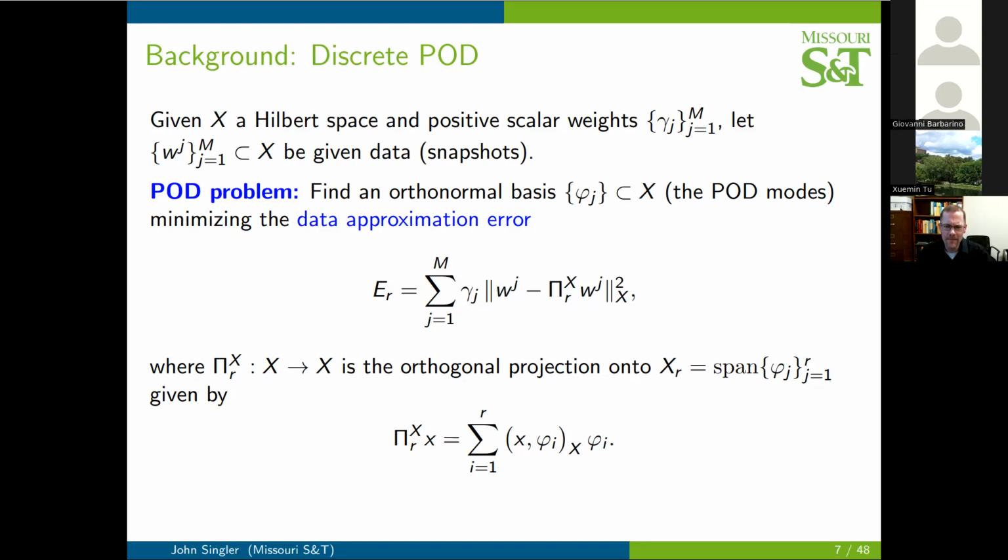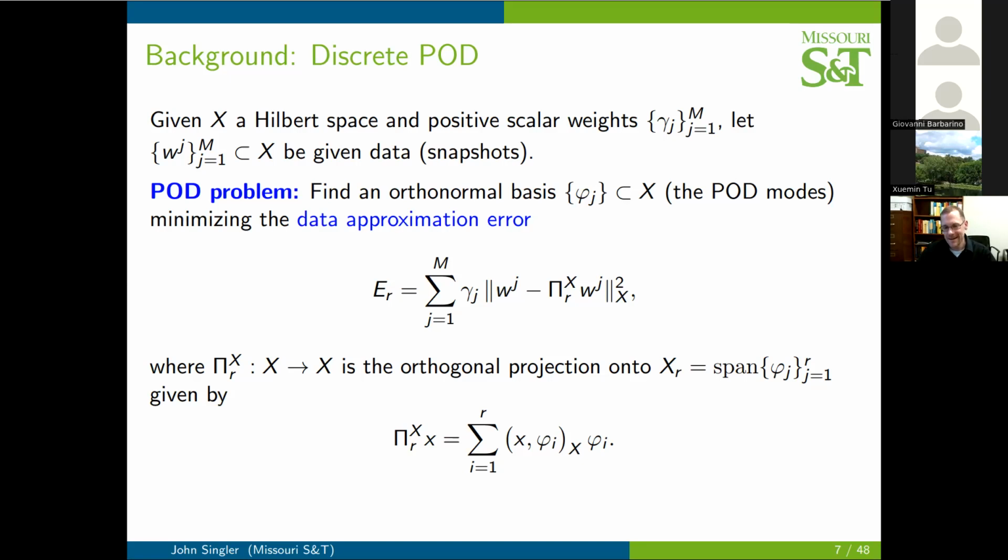Okay. Then I'm going to have some positive scalar weights. Eventually we're going to think about those as quadrature weights for approximating a time integral, and I'll get there. And we have this W^j, which will be our given data. Those are the snapshots that we collect from some numerical method.